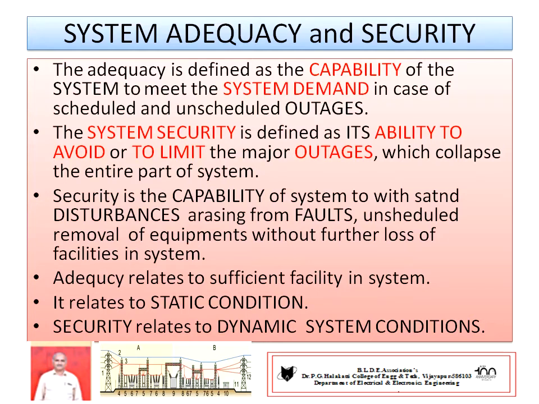The system security is defined as its ability to avoid or to limit the major outages which collapse the entire power system. The power system should work under dynamic conditions. If any fault occurs, then the system should remain stable. It is called system security. Security is the capability of the system to withstand disturbances.